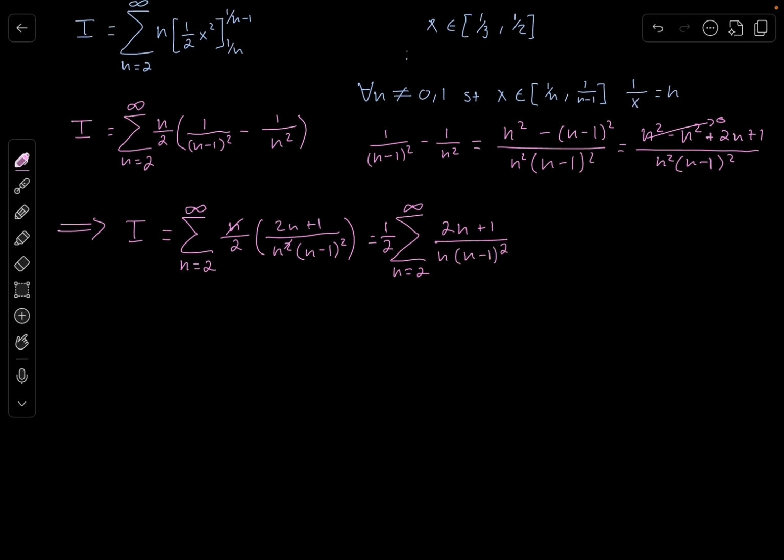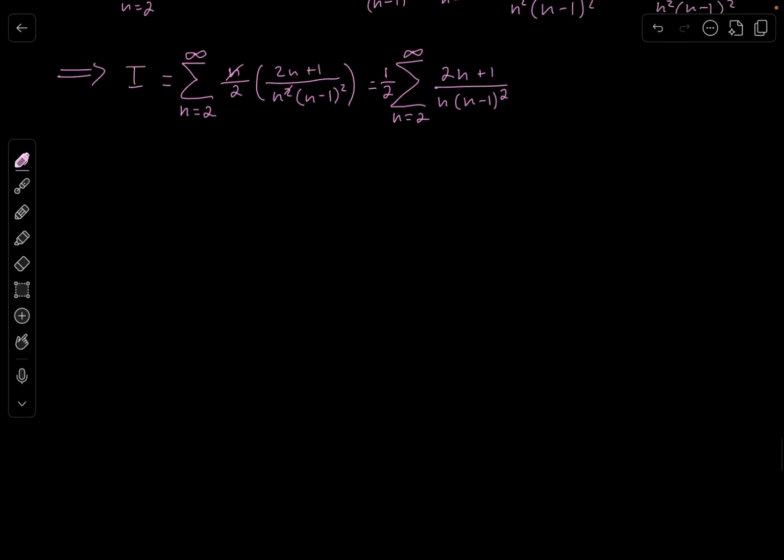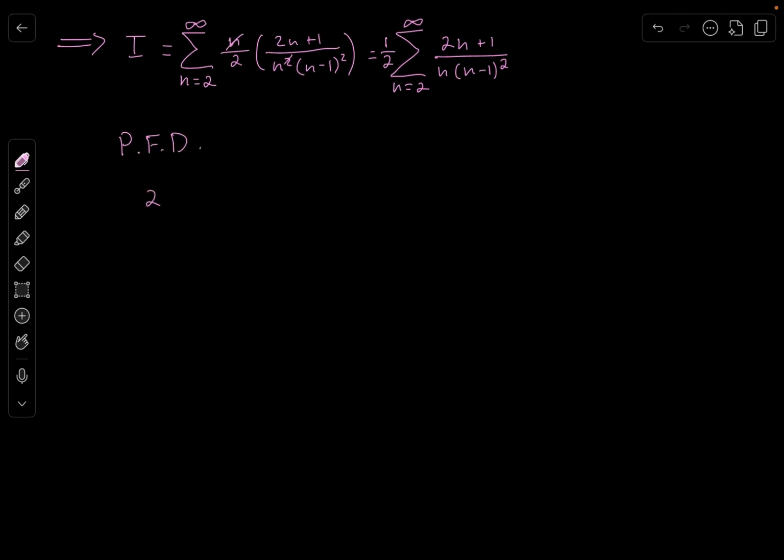Okay, so now we're going to do some partial fraction decomposition, so PFD. So we want to break up 2n minus 1 all over n times n minus 1 squared into a over n plus b over n minus 1 plus c over n minus 1 squared.